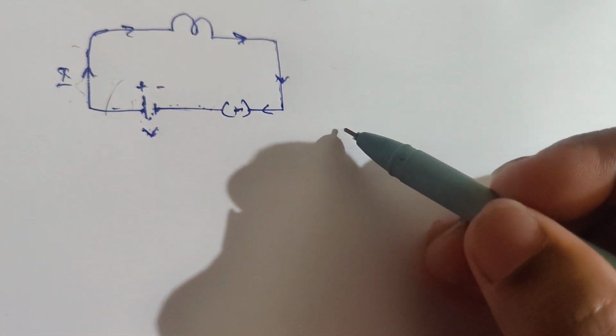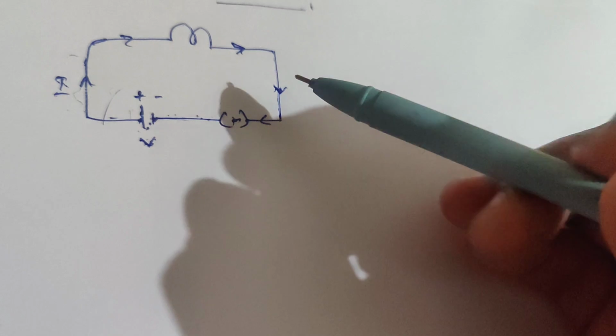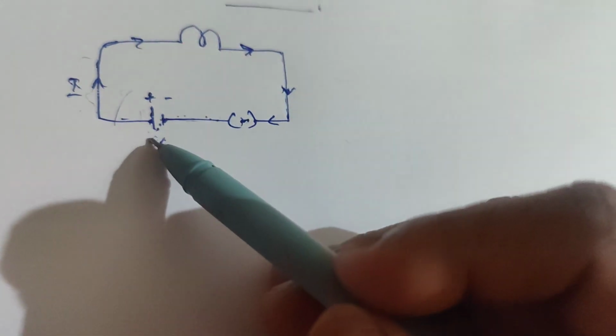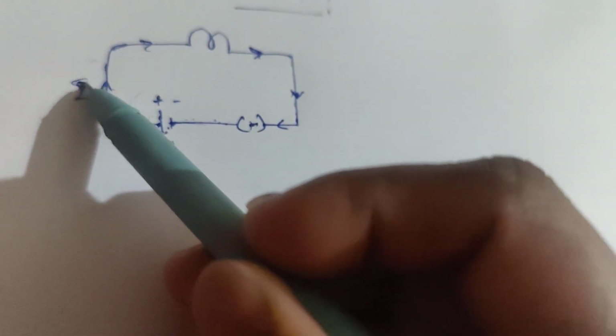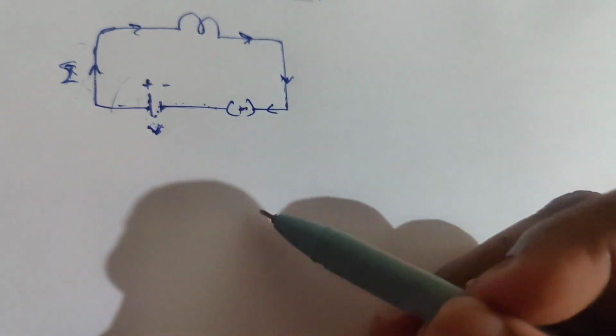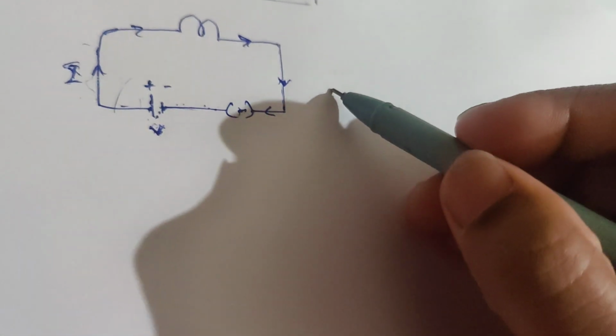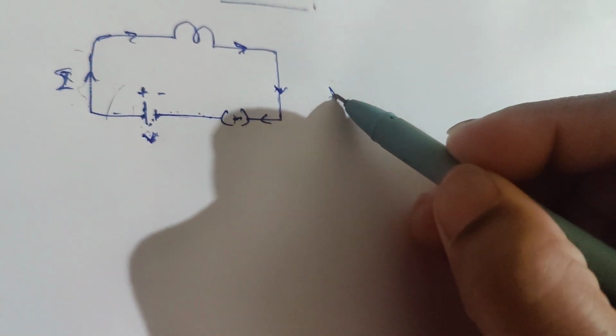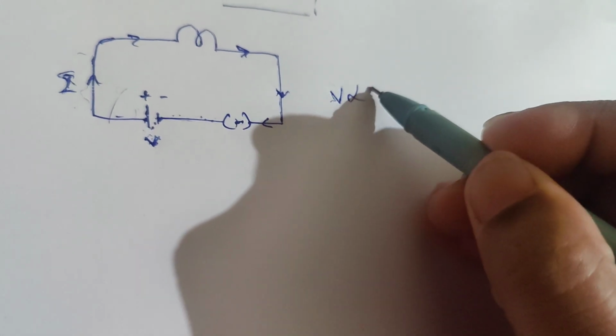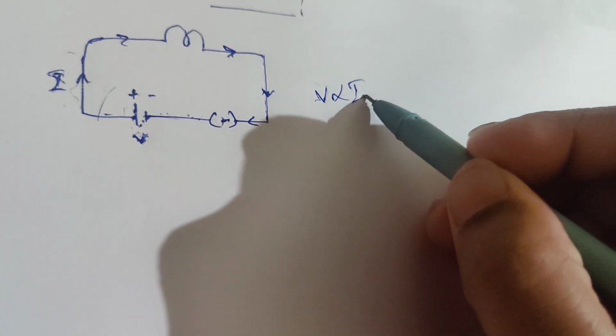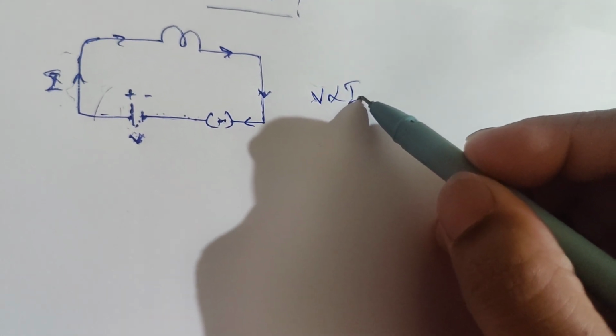So the amount of current flowing in a circuit depends on what, children? Voltage. This is what we call Ohm's law. That is, potential difference is directly proportional to current.